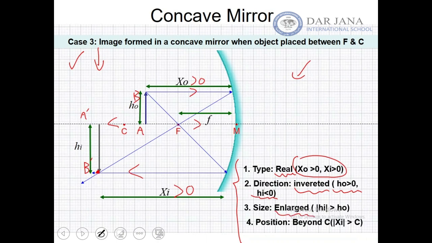As we see here, HI is much more than HO. Here we use an absolute value, since if we want to compare heights as magnitudes, as real values, we take only the positive values. So that's why the absolute value of HI is greater than HO. Position, now it's beyond C.